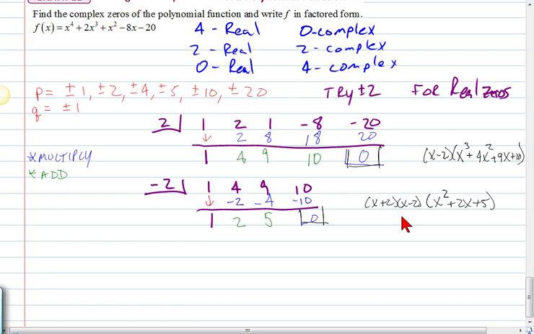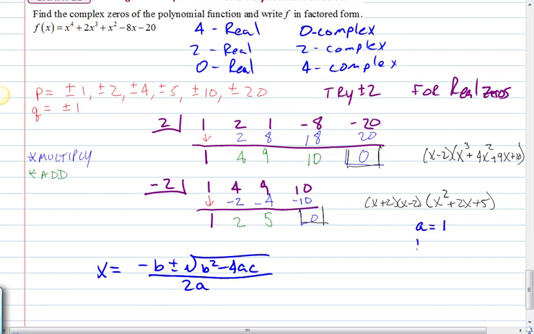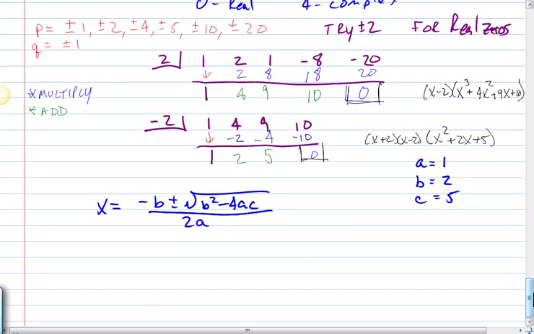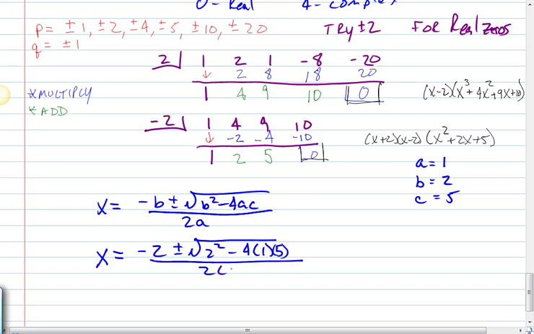How do we get the 2 complex factors? We use the quadratic formula. So what is A going to be in this problem? 1. What is B? What is C? So now we're going to just plug and chug, plug in the numbers. We get x equals negative 2 plus or minus the square root of 2 squared minus 4 times 1 times 5, all over 2 times 1.